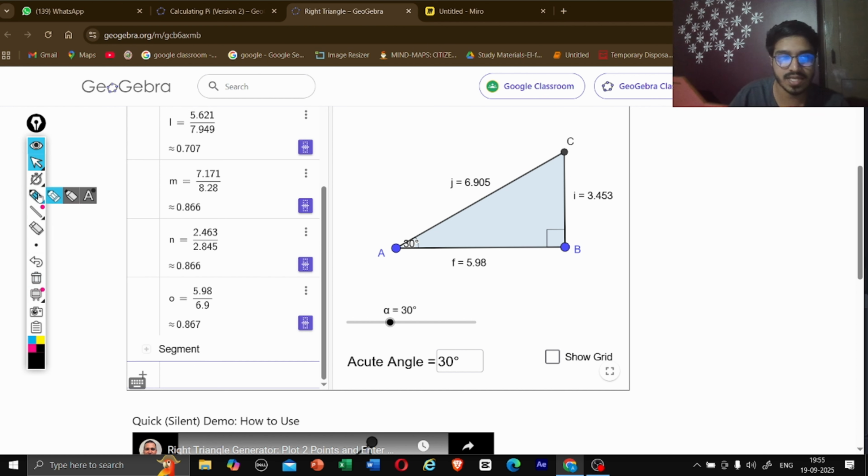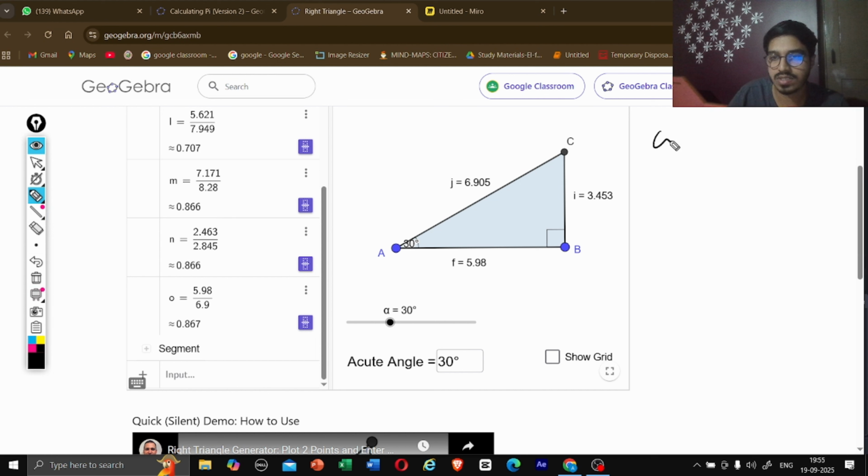I am getting the value as cos 30 degrees, which is adjacent by hypotenuse, that is F by J here. In this case, I am getting the value as 0.867.